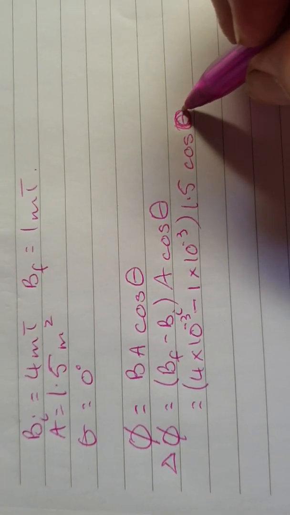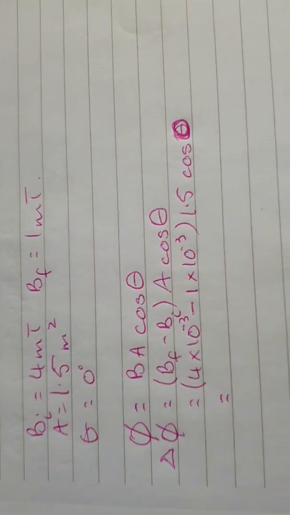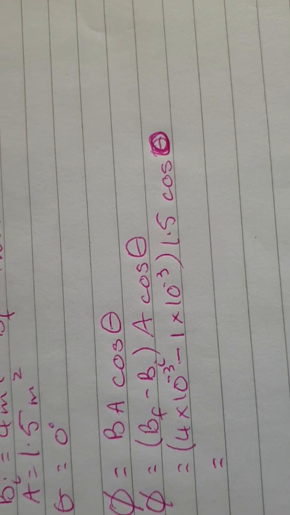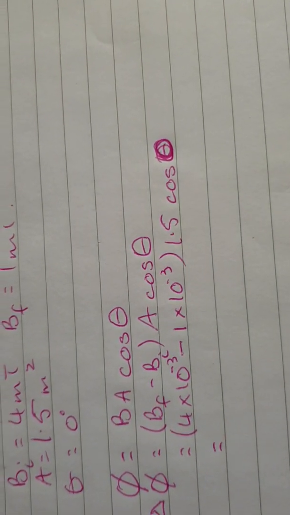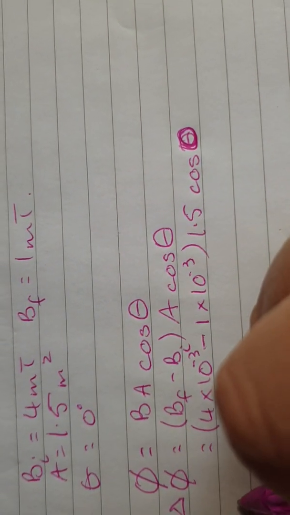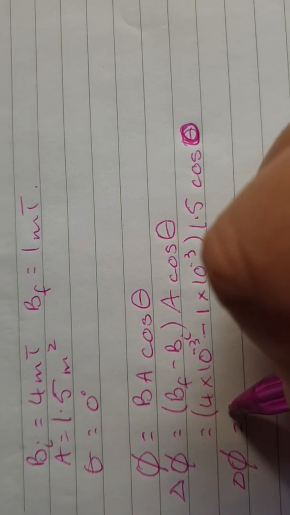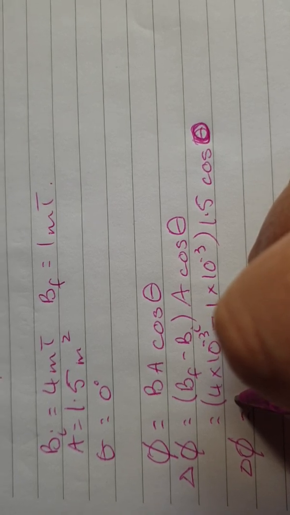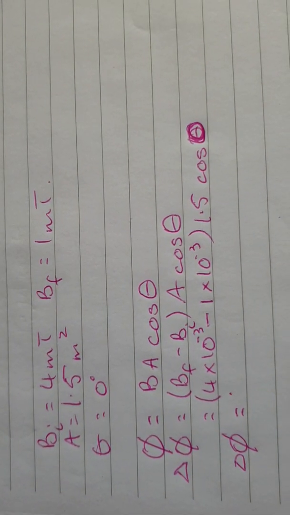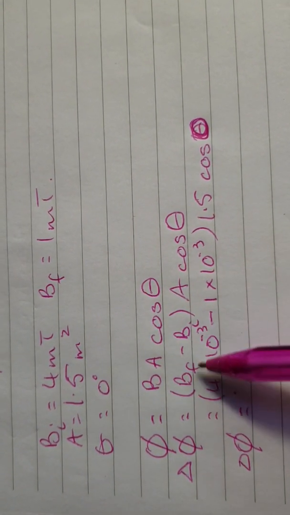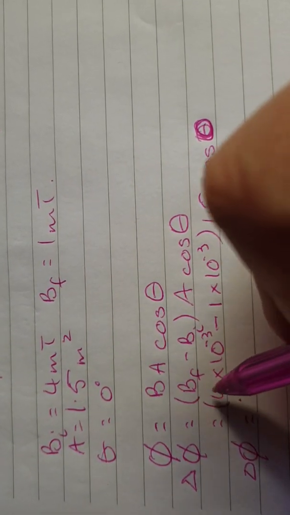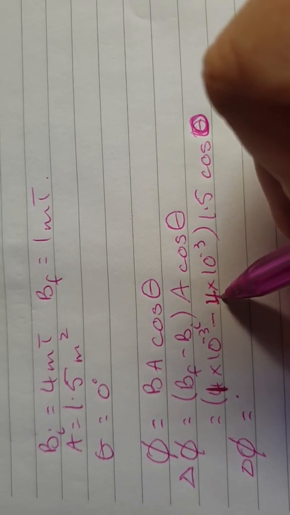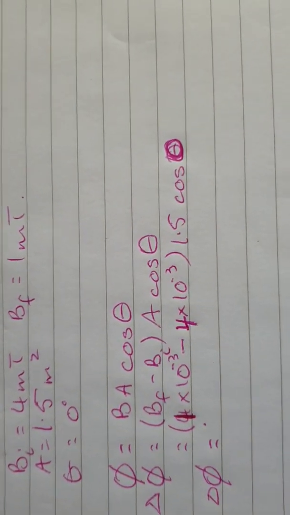Oh, I accidentally put a stroke through it. That's all good. So that works out to be delta phi. Oh, did you pick up my mistake? I've put these in the wrong order. That should be 1. That should be 4. Well done if you spotted it.